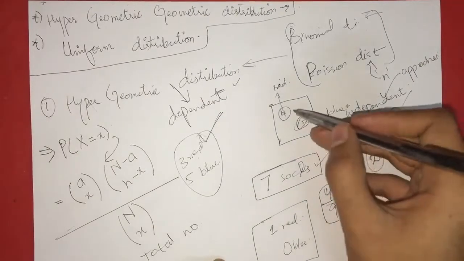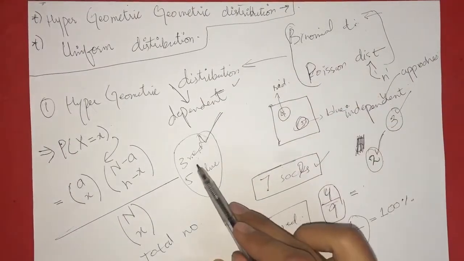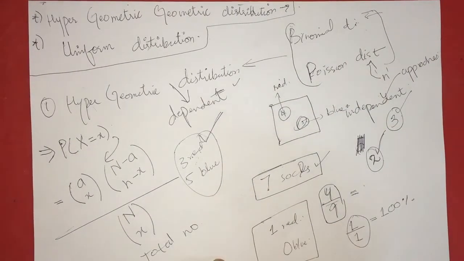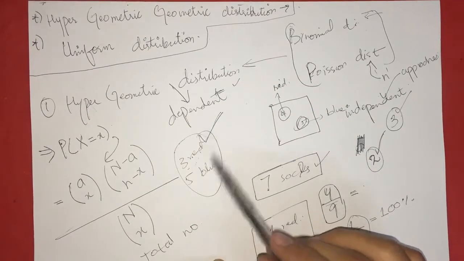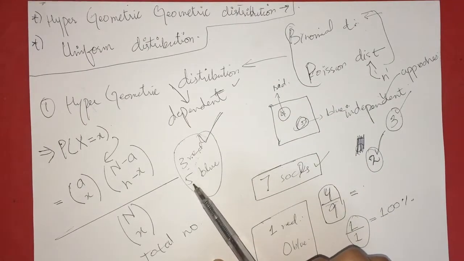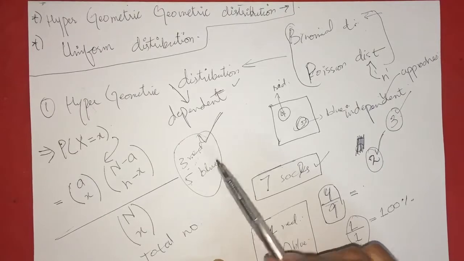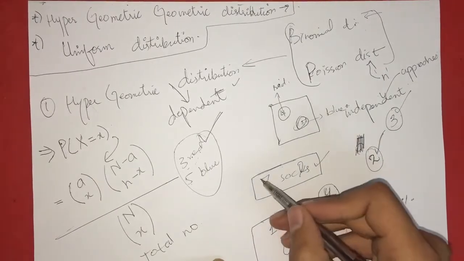First we get a sample. So we have a sample of 7 socks.